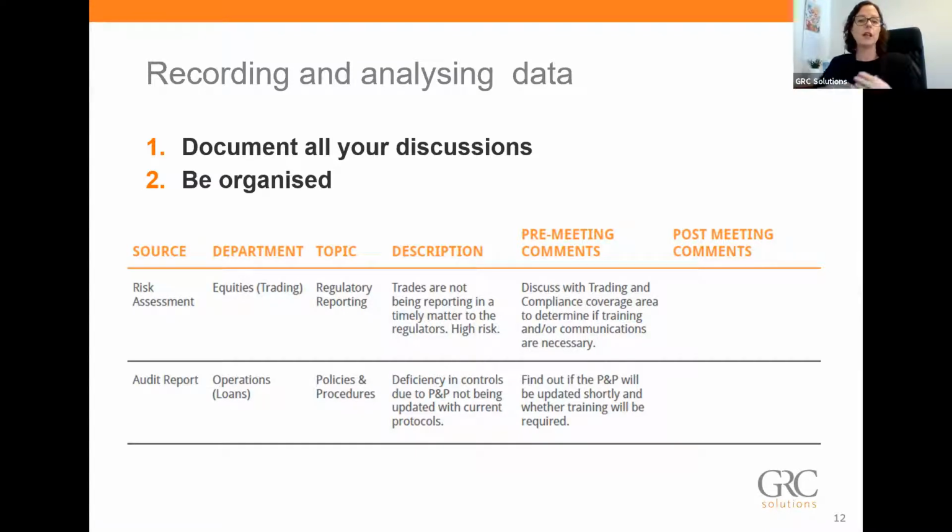So we're looking at, what's the source? Where was the issue initially identified? Which business areas are affected? What's the topic? Then you provide a brief description of the problem. Write down any thoughts you have before the meeting, and you finish off with any additional comments and action points post-meeting.